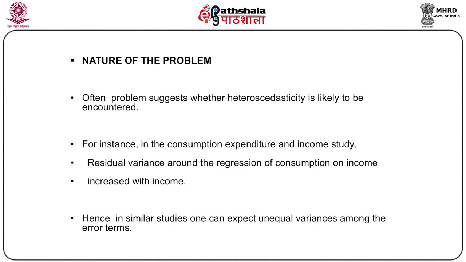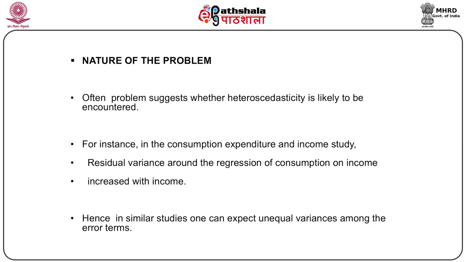Now let us discuss the informal methods of detecting heteroscedasticity in detail. The first informal method that we use is to know the nature of the problem that we are looking at. Oftentimes, the nature of the problem under consideration suggests whether heteroscedasticity is likely to be encountered or not.